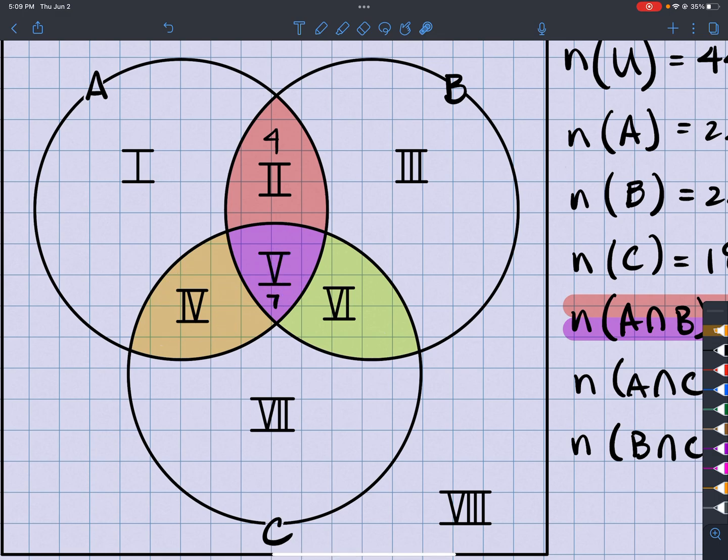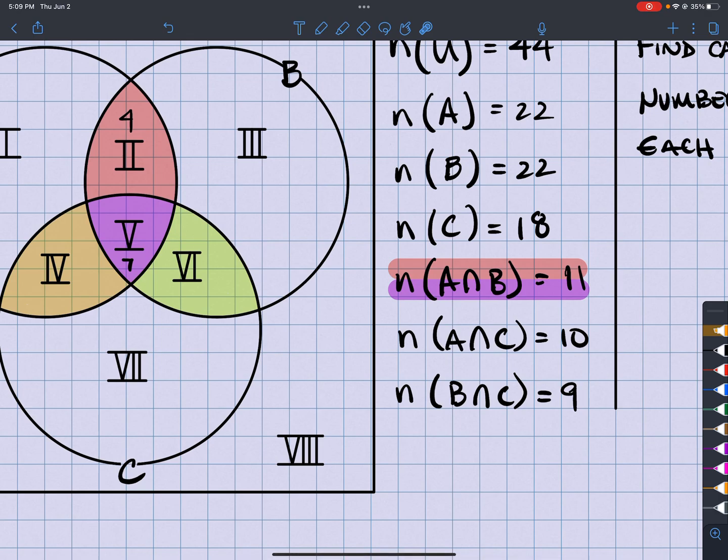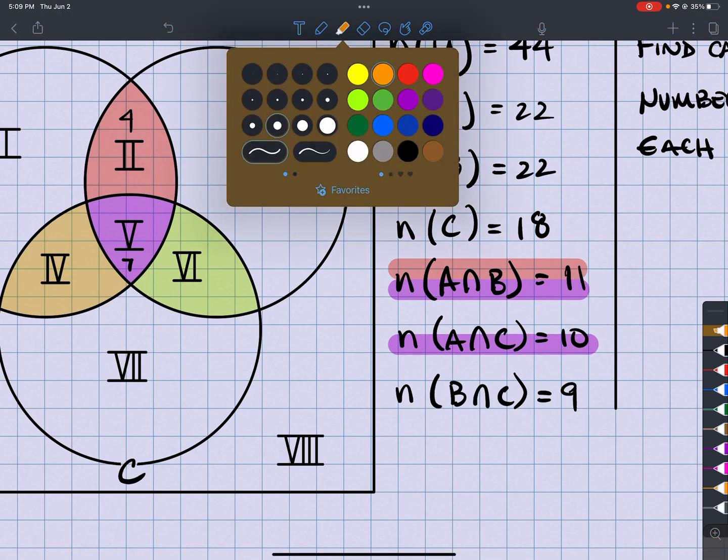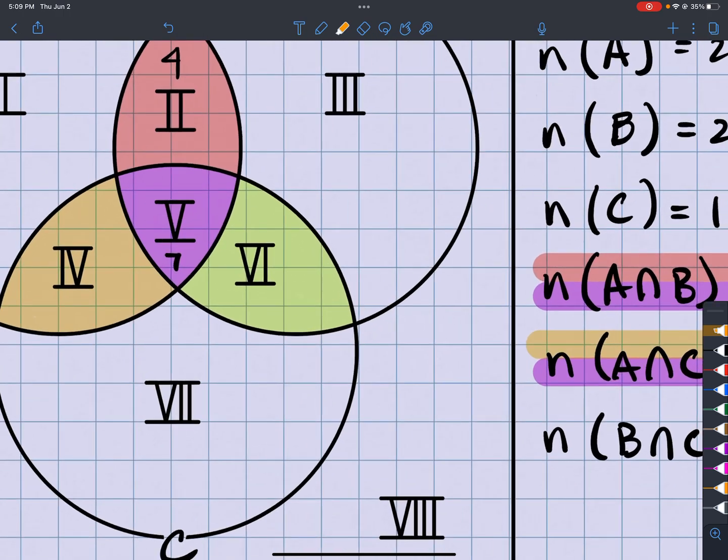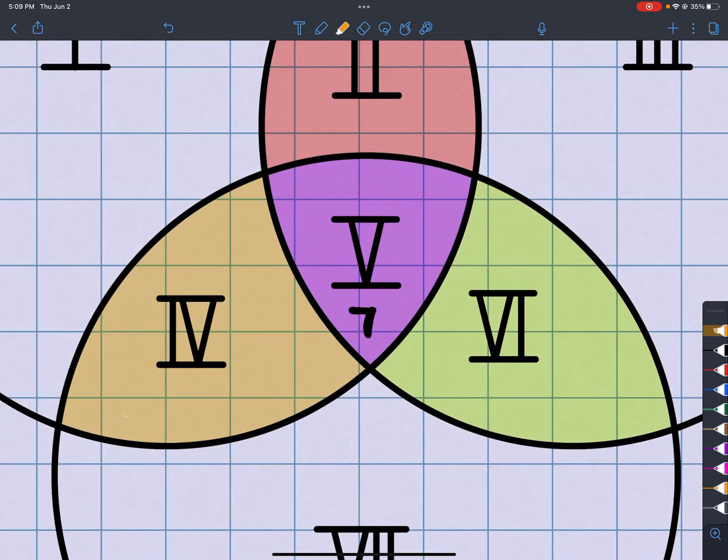So I know that this right here has purple and has orange. There we go. So that right there is 10. So this purple and yellow region has 10. So 7's already taken up here. So how many do I still have? I have a 3 left.